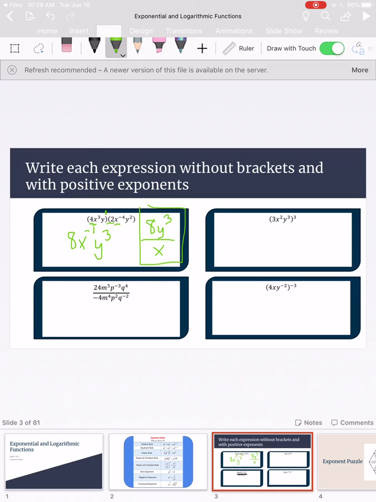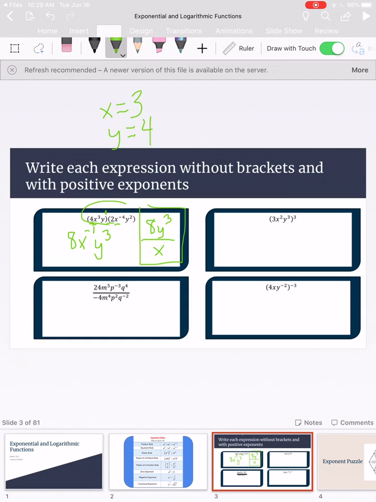Now we've talked about this before, but the best indicator that separates the best students in Math 30-1 and the okay students are kids that check their work. So if you want to double check and make sure that you did this right, substitute a number in for your variables, such as 3 for x, maybe you make y 4.